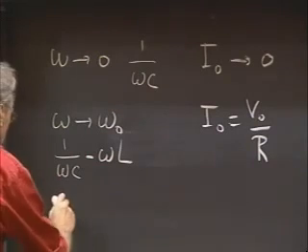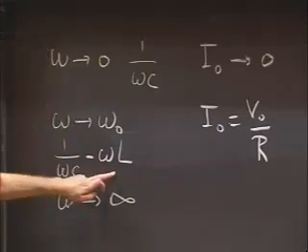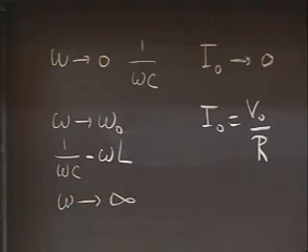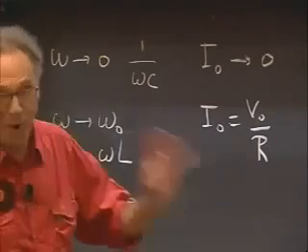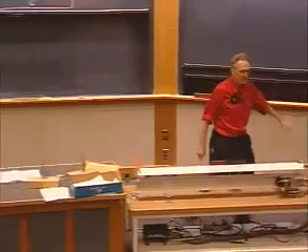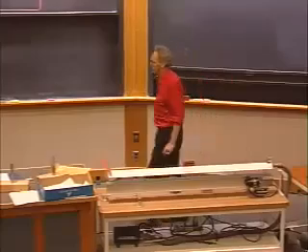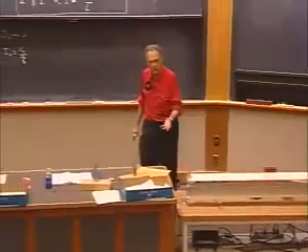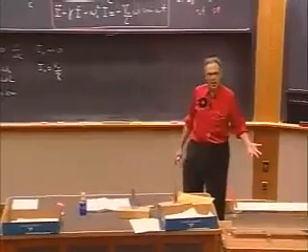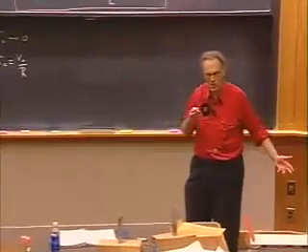Now if omega goes to infinity, omega L says, ha, yeah, over my dead body. No current ever. Imagine a very fast changing signal. That's what the whole self-inductance is about. It doesn't want any changes. It's conservative, like you and me.